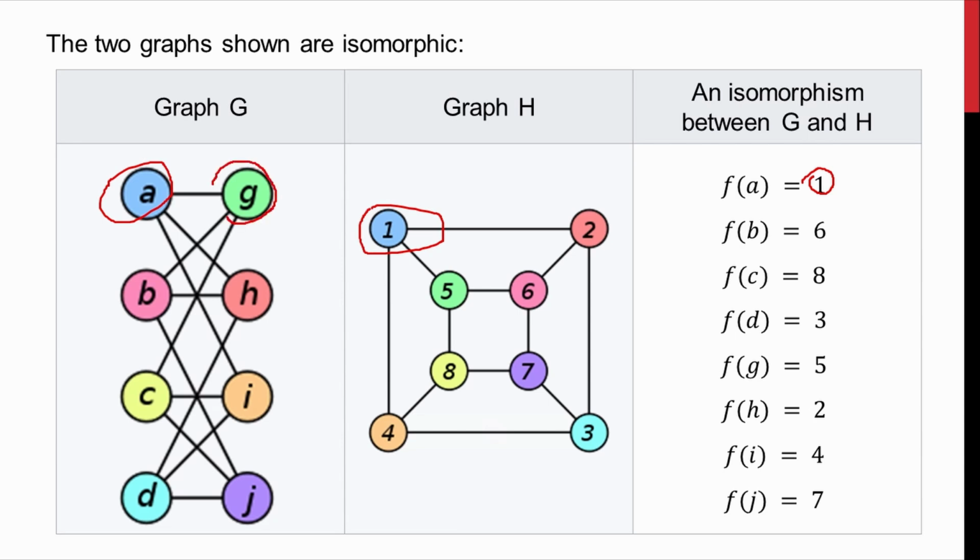In graph G, the vertex G corresponds to vertex 5 in H. Let's take the vertex I in graph G, which corresponds to vertex 4 in graph H. So these two graphs, G and H, are also isomorphic.